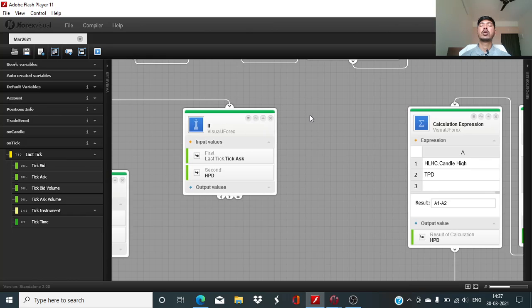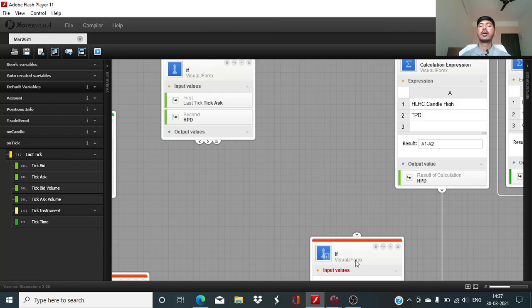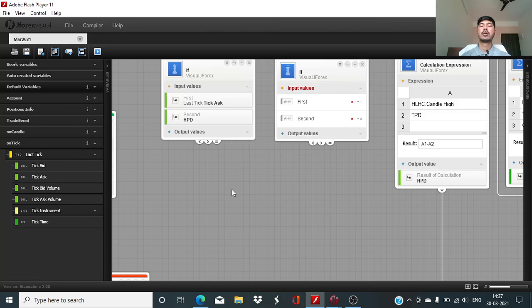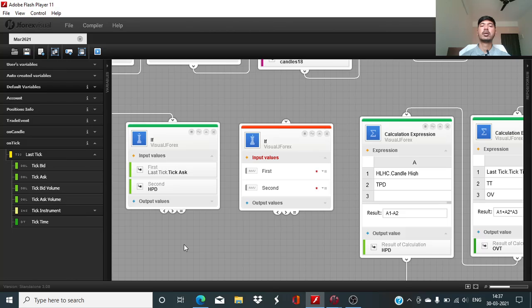So we want to make sure that price has dropped below that level. First input less than second input.